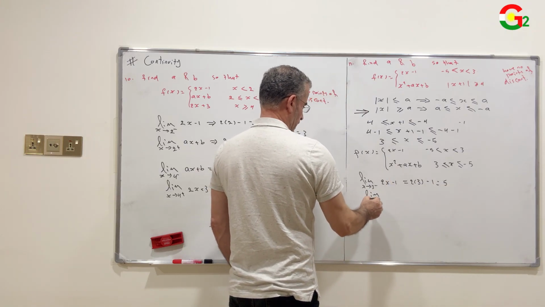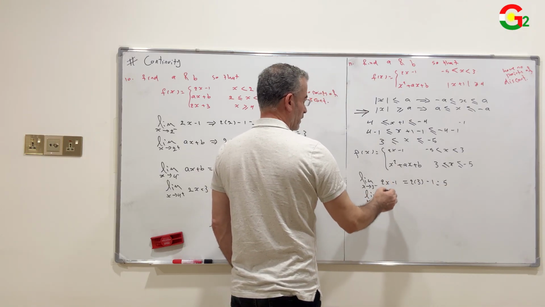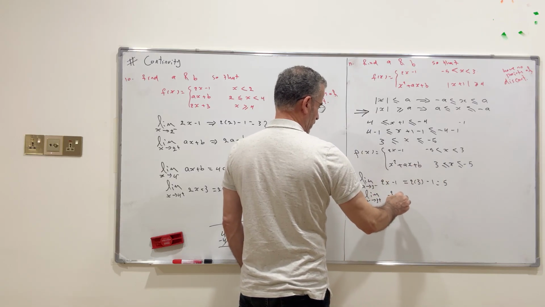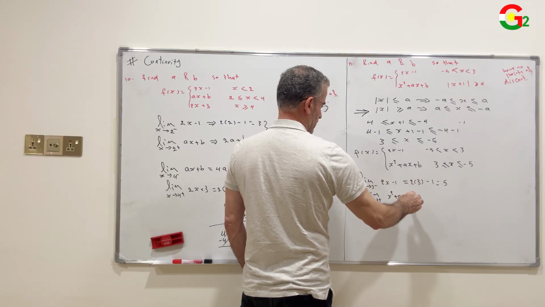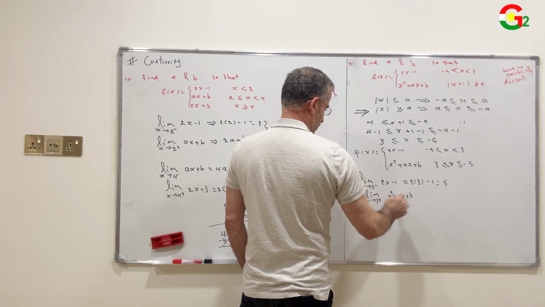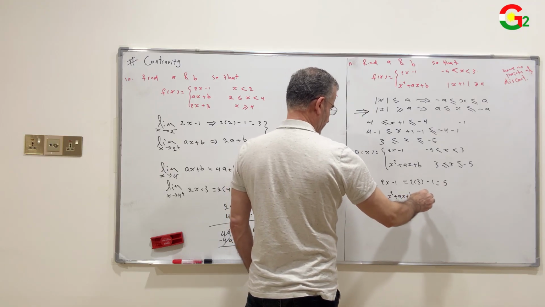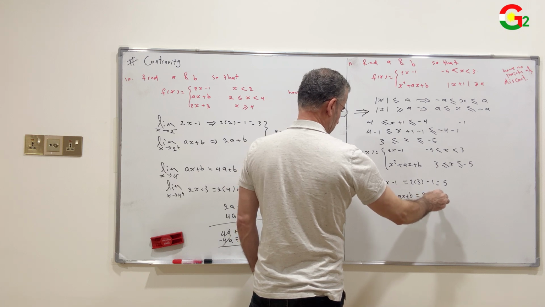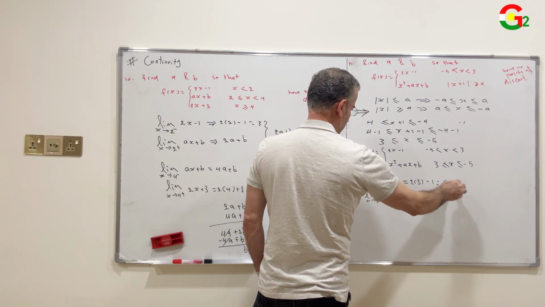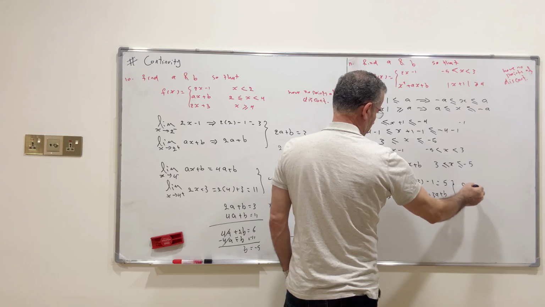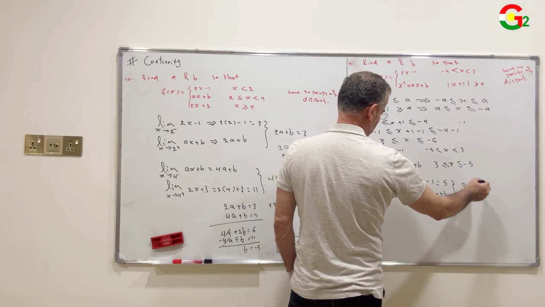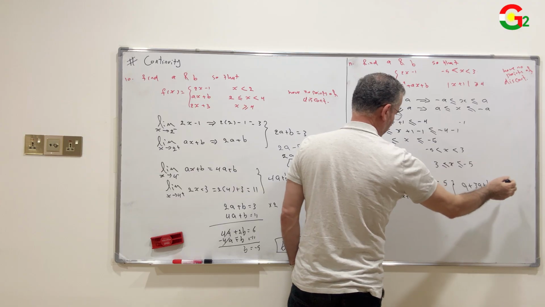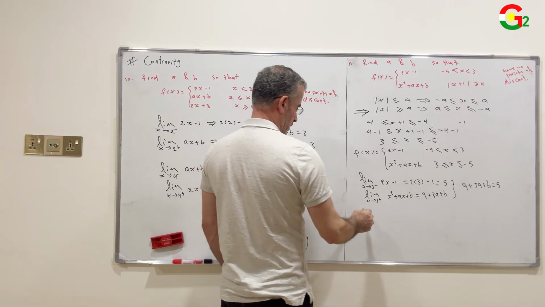And the limit when x approaches 3 from the right, when x is greater than 3, the function is x squared plus ax plus b. Substitute every x with 3. The answer is 9 plus 3a plus b. And these two values should be equal. 9 plus 3a plus b equal to 5. This is the first equation.